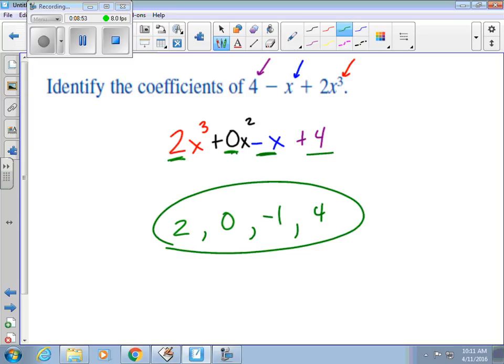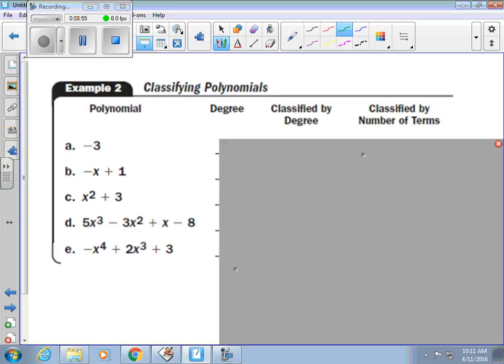This is simple. The next thing is classifying polynomials. We can classify them three different ways up here. We can classify it by degree, labeling its degree, and then classifying by how many terms it has. The first one, there's no variable after the negative 3.